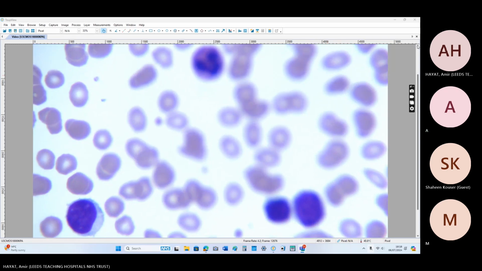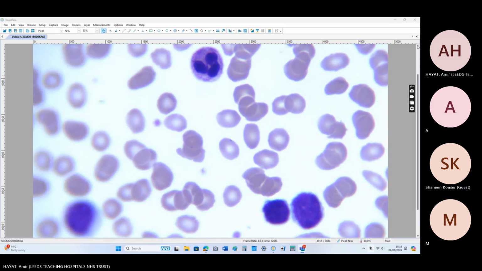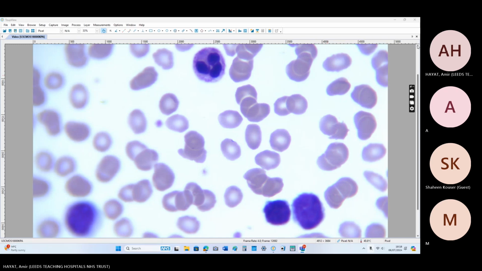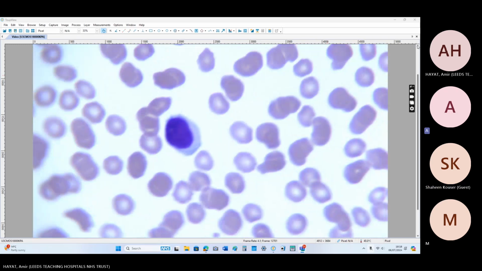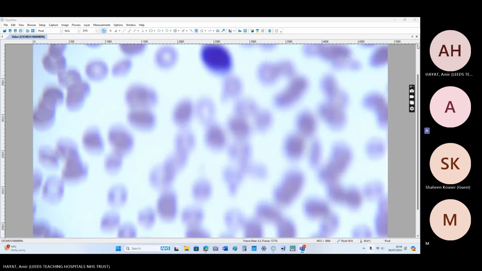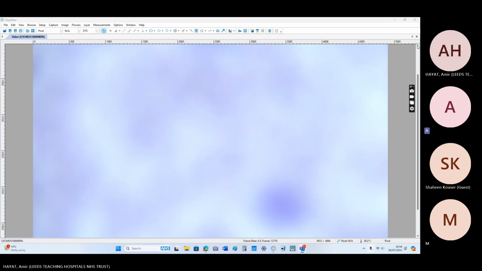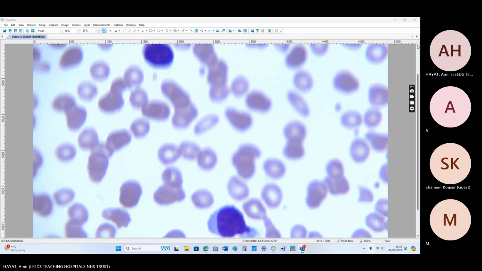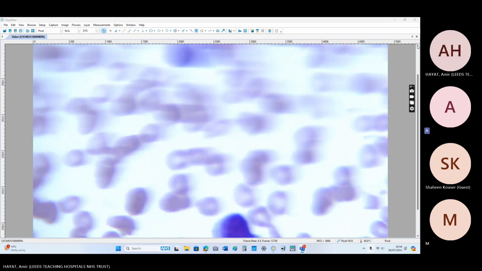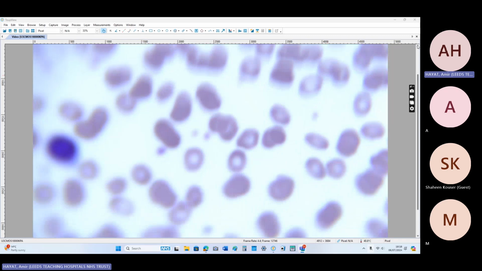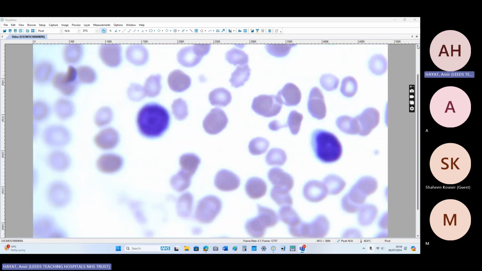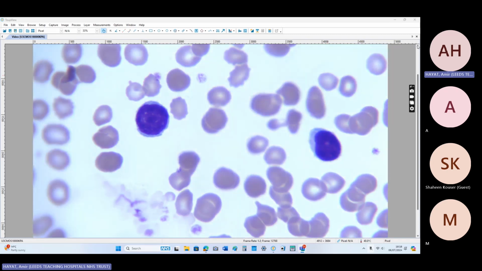There are no clefts. There is no marked pleomorphism in the cells, but there are hairy projections. Okay, so now I would ask you to report the blood film.